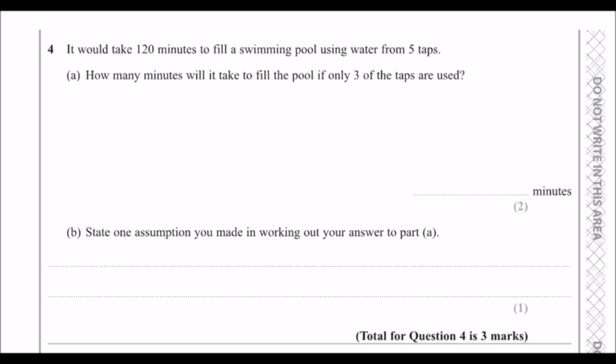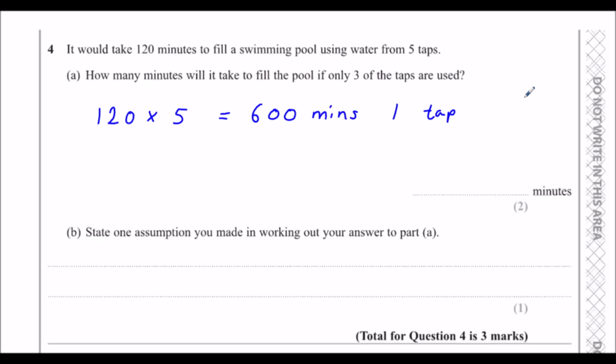Question 4. It would take 120 minutes to fill a swimming pool using water from 5 taps. How many minutes would it take to fill the pool if only 3 of the taps are used? If we multiply 120 by 5, which is 600, that's how many minutes it would take for 1 tap.